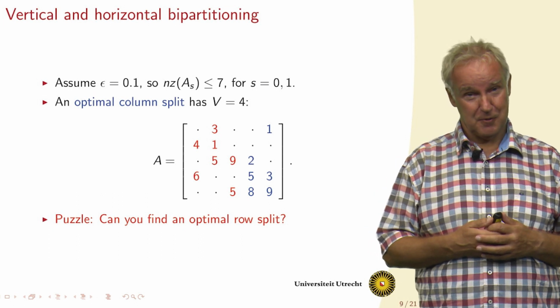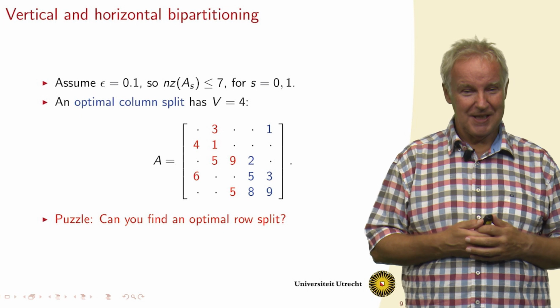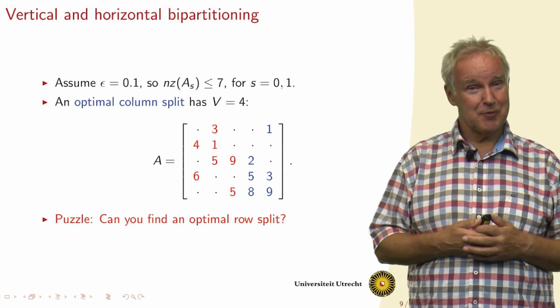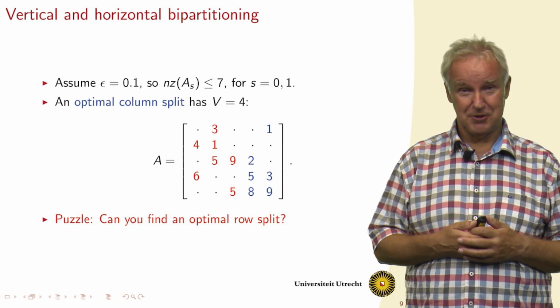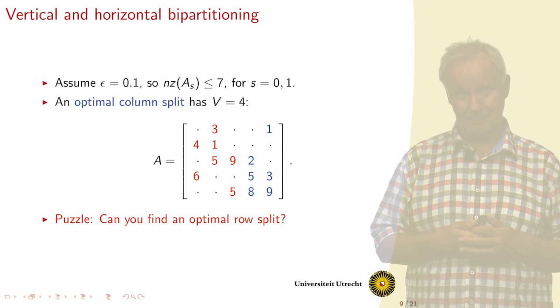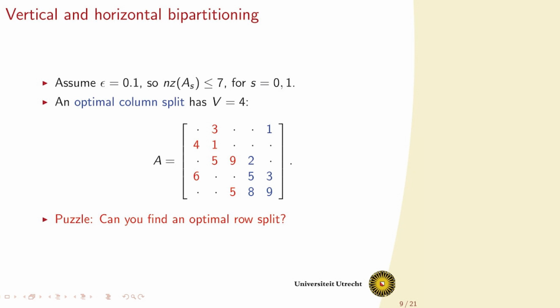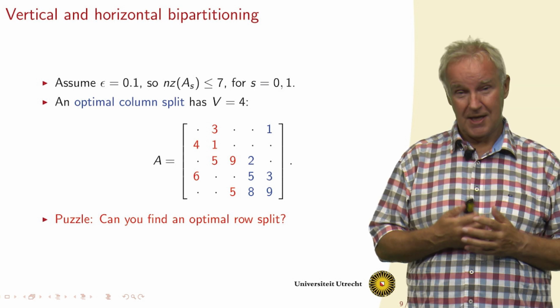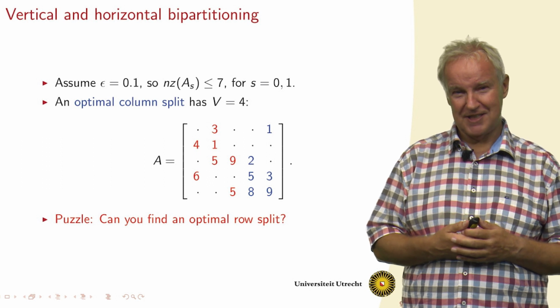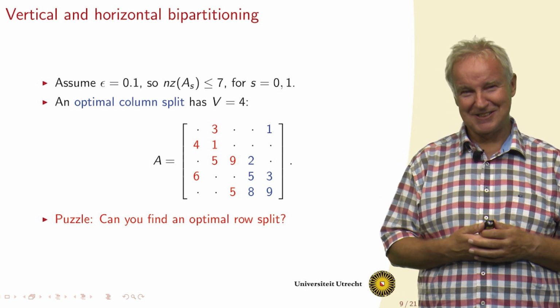Now, a puzzle for you would be to find an optimal row distribution. Is this one better? This may take a little bit more than the usual 10 seconds.